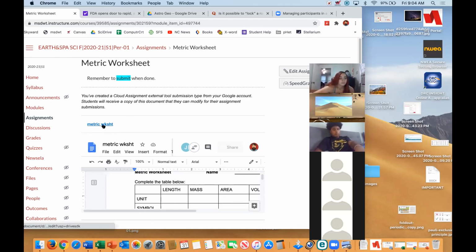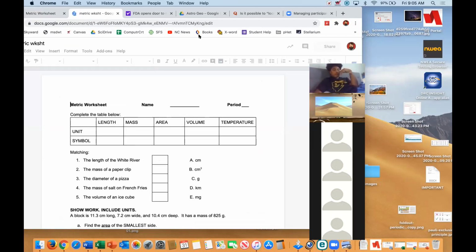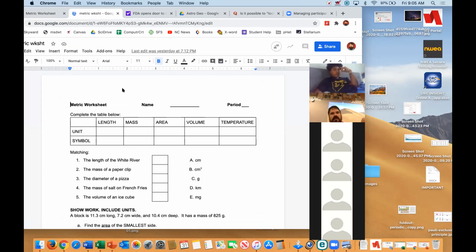Where it says metric worksheet in blue right here, you can click on that and it will bring it up in a brand new screen. And that way it's going to be much easier for you to type. You're going to basically get your very own copy of it.